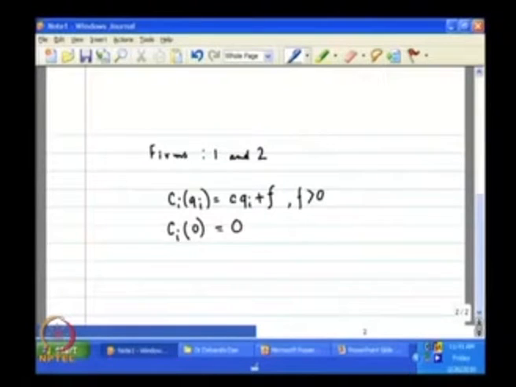So, even if q_i is 0, f is there. But here we are assuming that if q_i is 0, then f just vanishes, and only if q_i is positive do we have this function.